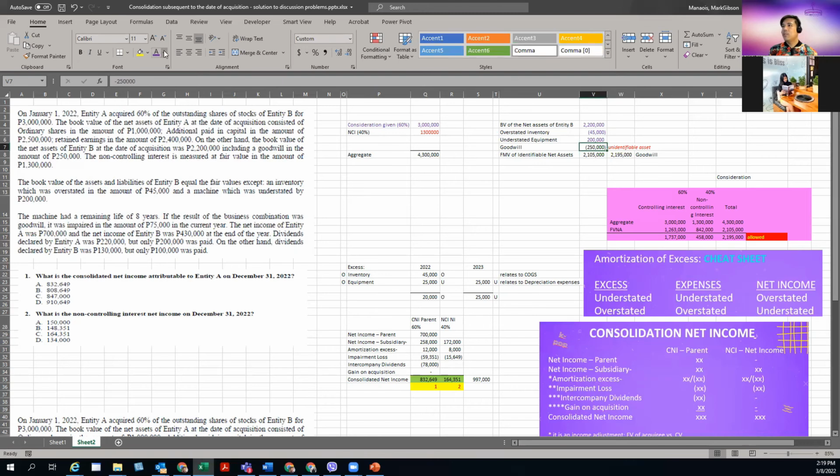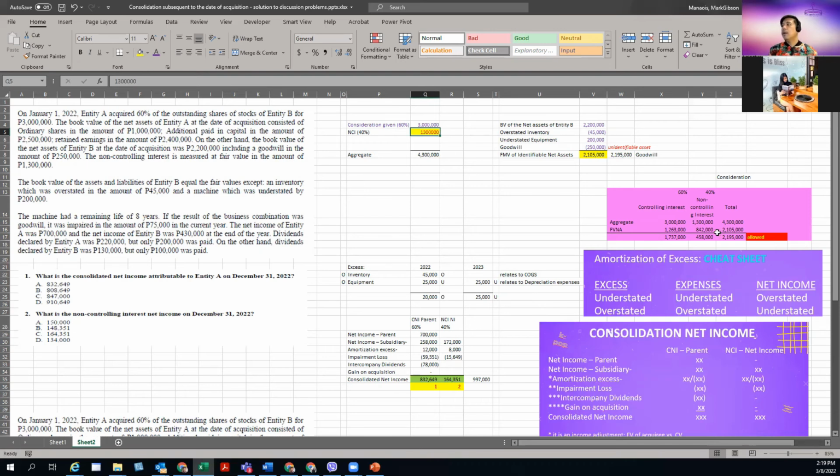So that's minus 250,000. So now we have the fair market value of the identifiable net assets amounting to 2,105,000. Okay. Next. So, ang NCI natin, sabi naman kasi dito, non-controlling is measured at fair value in the amount of 1,300,000. So, okay yan, provided, i-test muna natin kung allowed ba siya ng standard.